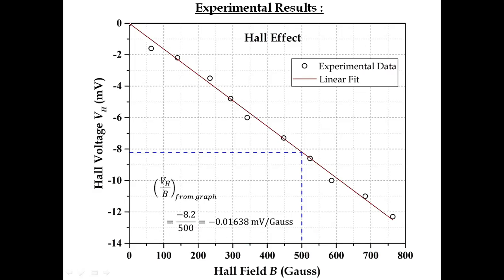If I assume that B is 500 Gauss, then VH will be estimated from the graph. From the graph we are getting the V value as minus 8.2. If we estimate VH by B from the graph, then the rest of the calculation is very easy.